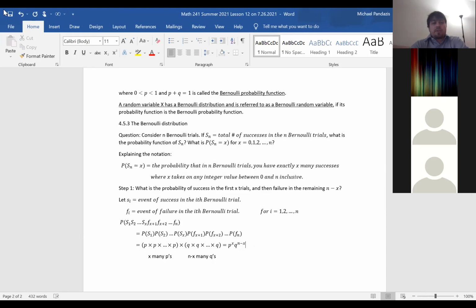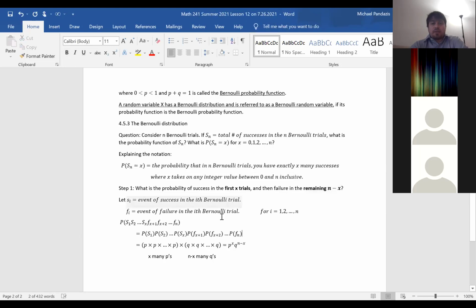But keep in mind, we have a very specific order. We want the probability of success in the first X trials, then failure in the remaining n minus x. So I'm going to bolden the words first, and then first X trials, and then remaining n minus x.